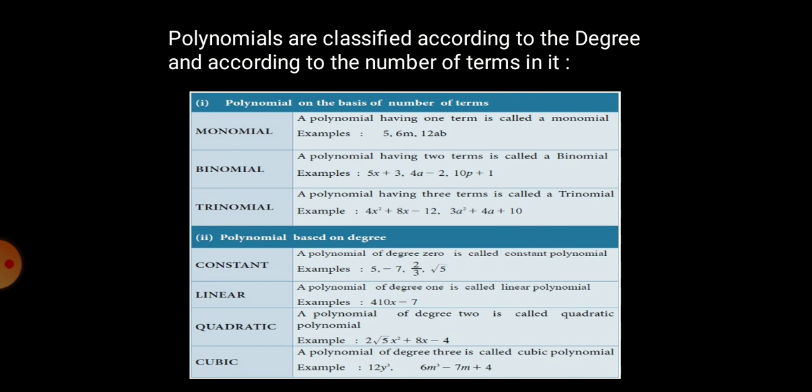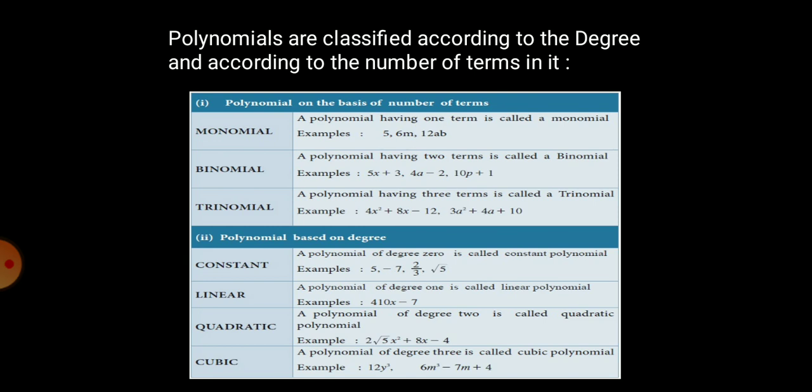Now let us see how polynomials are classified on the basis of degree. All of us know that a constant is a 0 degree polynomial. So a constant term is always known as a polynomial with 0 degree. If the degree of a polynomial is 0 or the number is constant, it is called a constant polynomial.